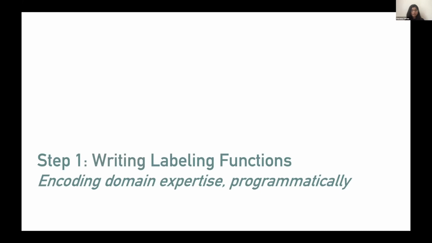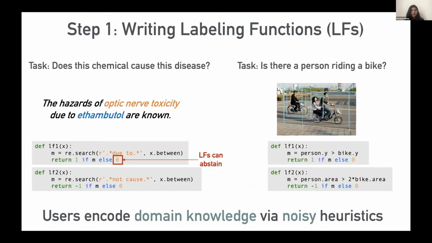So step 1, which is writing the labeling functions, the main role of the user in this pipeline. So we have two tasks here. I'll go through them one by one. Let's say one of the tasks that we're focusing on is a classification task, and we're trying to see if a particular chemical highlighted in a sentence causes a particular disease highlighted in the same sentence.